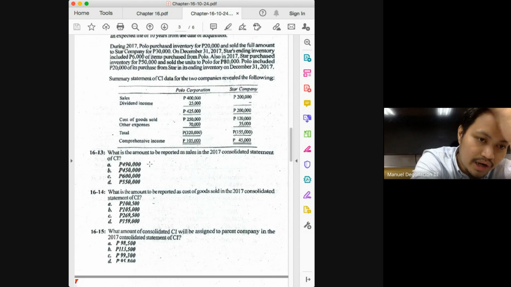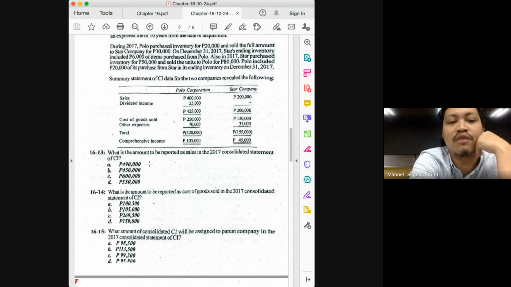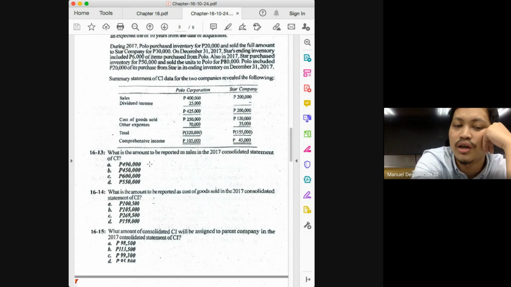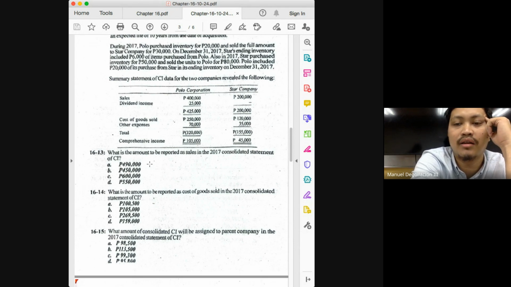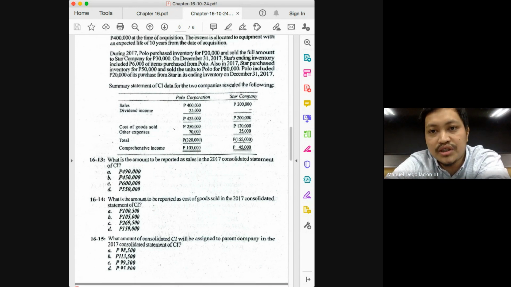Next, we already have the adjusted income of the parent from its own operations. We will proceed to the subsidiary. How much is the income of the subsidiary? 45,000. Okay, but again, aside from the adjustments from the intercompany transaction, we will have an adjustment due to the amortization of the excess, which is given in the problem.